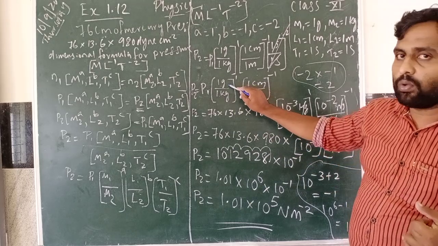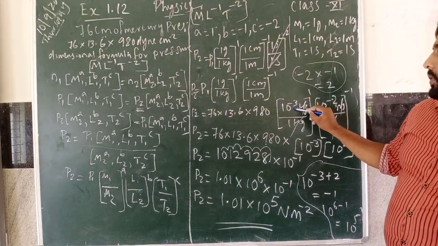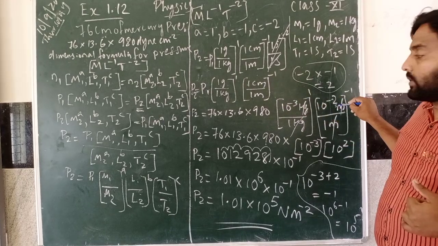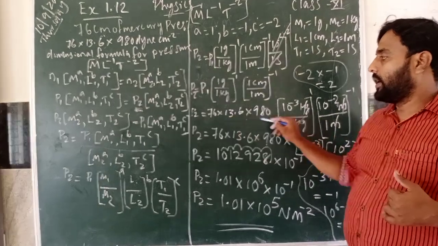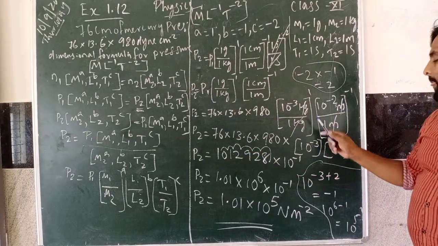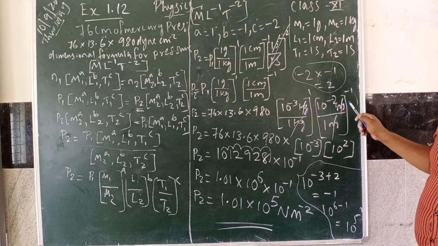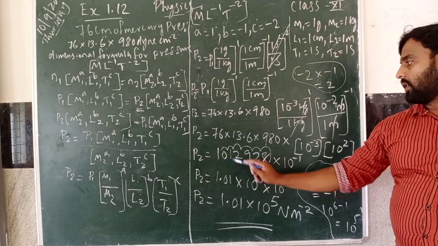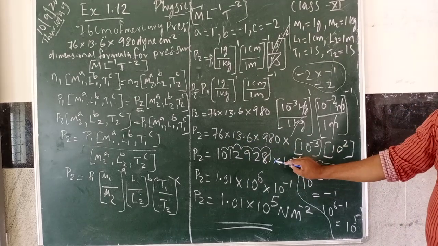Change this gram to kilogram, that is 10 to the power minus 3 kilogram. Centimeter to meter, so 10 to the power minus 2 meter. This is the value for pressure 1. Now you see kilogram, kilogram cancel, meter, meter cancel. Here second is already cancelled. Now multiply this, you will get this value.